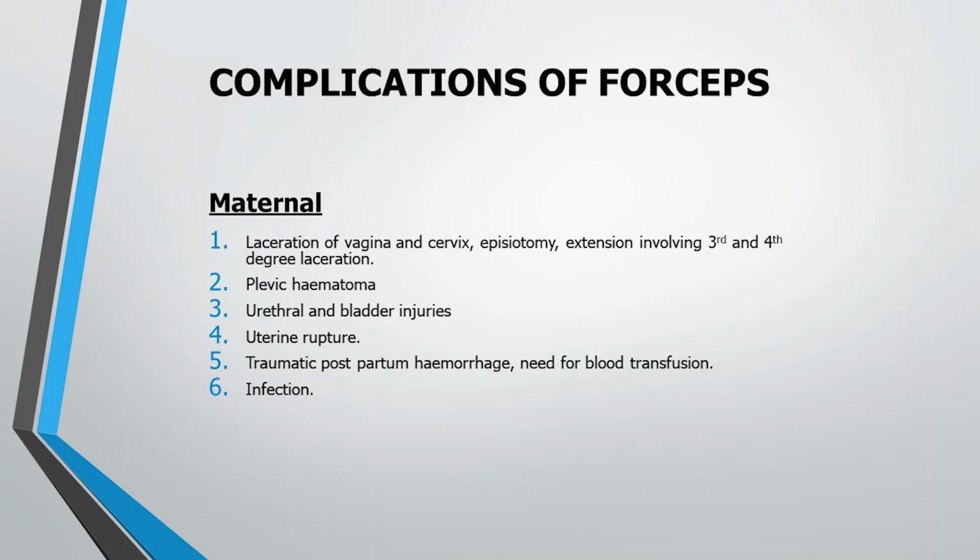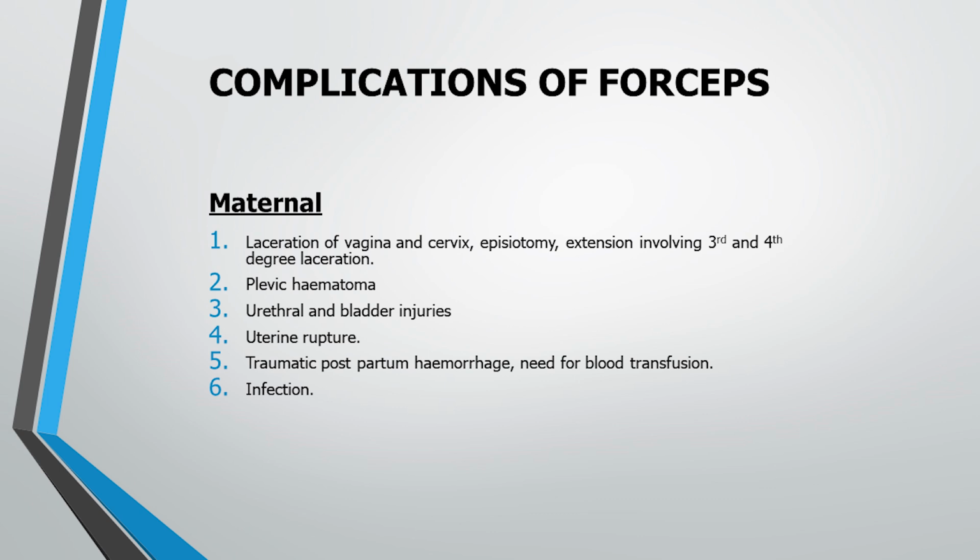There are maternal complications and fetal complications. The maternal complications include laceration of the vagina and cervix, or extension of your episiotomy into the anal canal so as to give you a third degree or fourth degree laceration. Pelvic hematoma is a major complication that could occur.